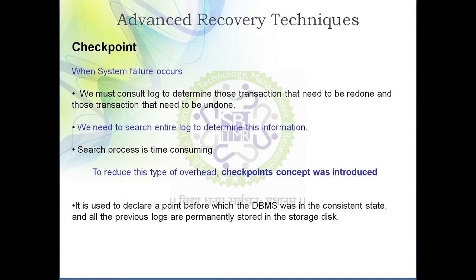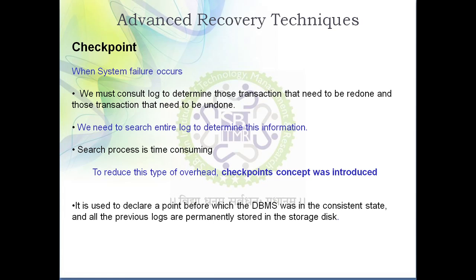Again, I will explain this, don't worry. Checkpointing is used to declare a point before which the DBMS, or your database, was in a consistent state and all the logs are permanently stored in the storage disk. So this is what a checkpoint is.